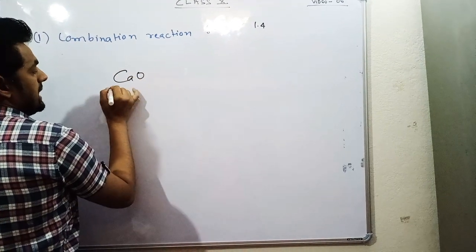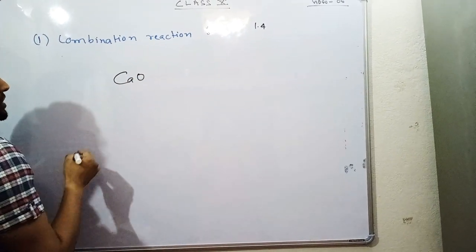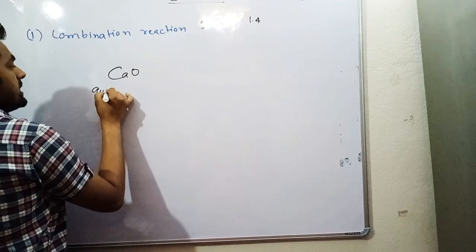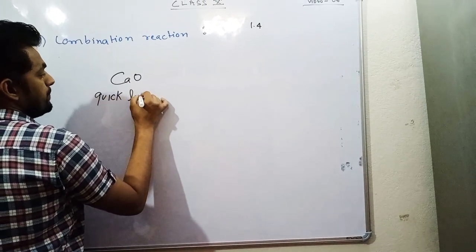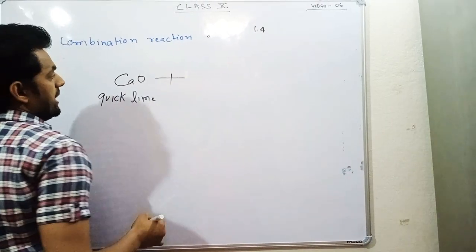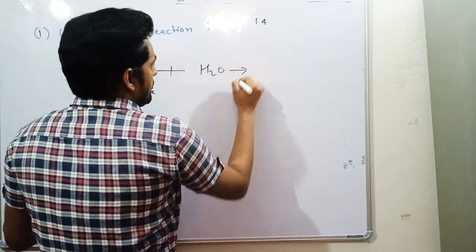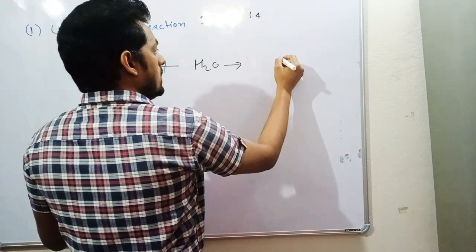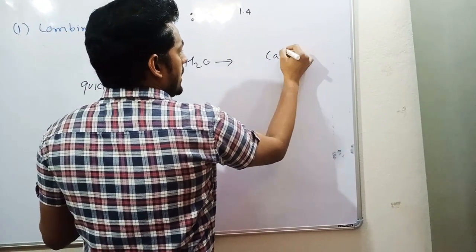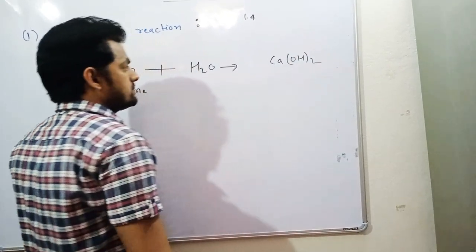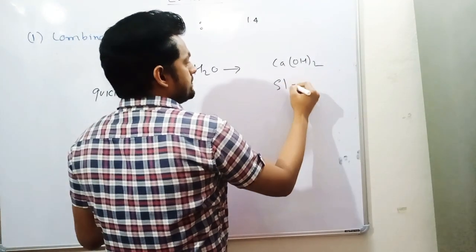CaO, calcium oxide, that is also known as quicklime, इसको क्विकलाइम भी कहा जाता है, combining with water and forms calcium hydroxide, and it is called slaked lime.